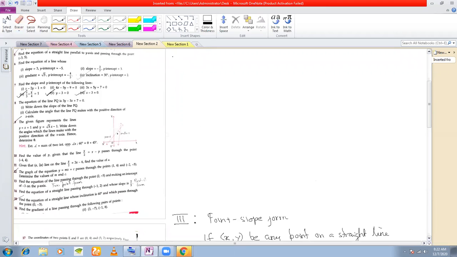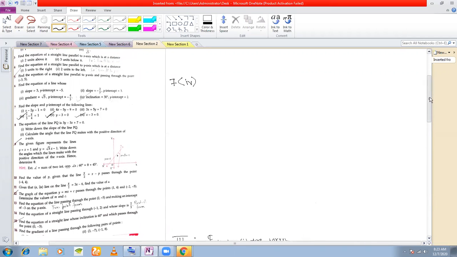Number 7, part 4. Find the slope and y-intercept. Okay, fine, not slope. Let us write the equation first. This is number 6 then, part 4. Find the equation of a straight line whose inclination is 30 degrees and y-intercept is 2.